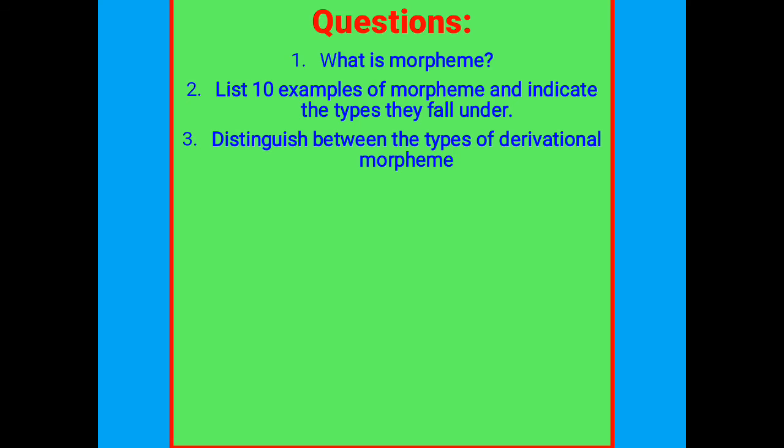We have types of morpheme, so list 10 examples and indicate the types that the examples fall under. Question number 3. Distinguish, or in other words, differentiate between the types of derivational morpheme. We have types of derivational morpheme, so differentiate them. So this is the question for you today.